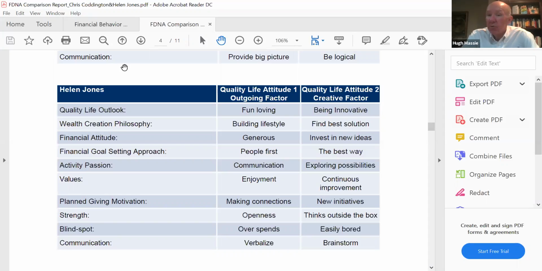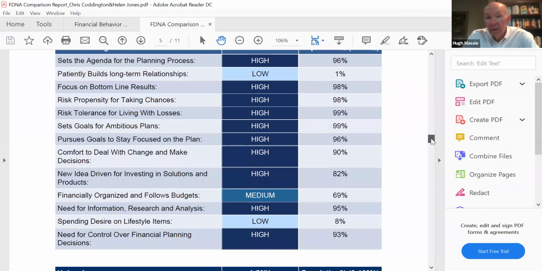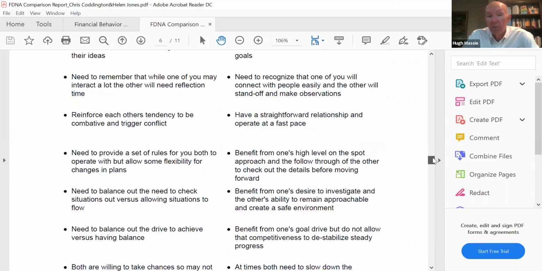Again, Chris can use this report to ask Helen questions. This information is in the summary report, but it's laid out again here. So Chris could just use this report to ask Helen key questions about what she wants in the financial planning process, and then use these insights tables as well that we've been through in the summary report.